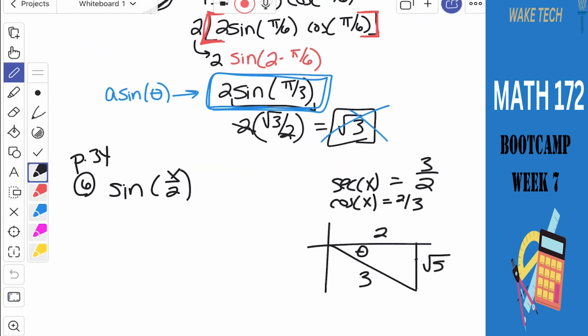Okay. So now I'm going to have to leave page 34 and go to page 92, because to find the sine of x over 2, we need to use the half angle rule for sine. That rule says that the sine of a over 2 is plus or minus, one or the other, the square root of 1 minus cosine a over 2.